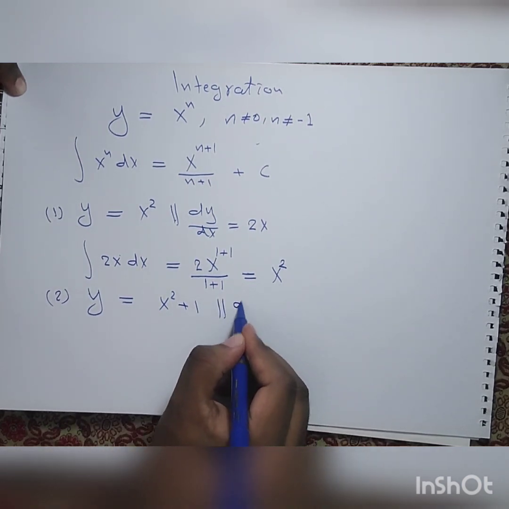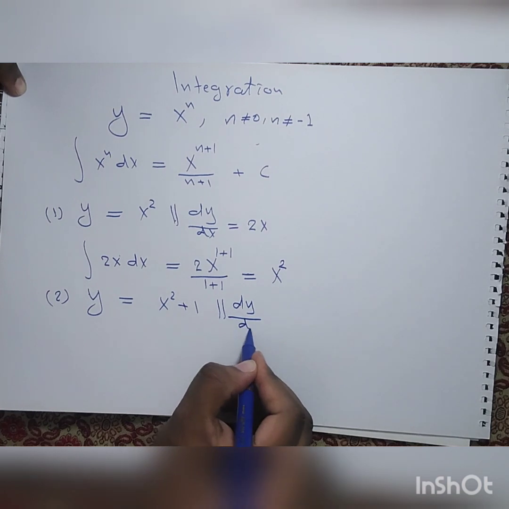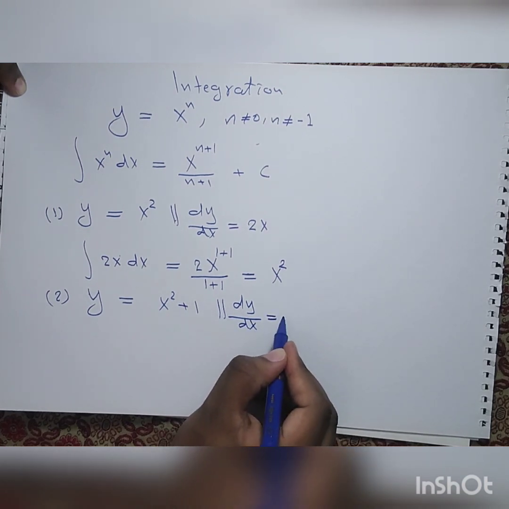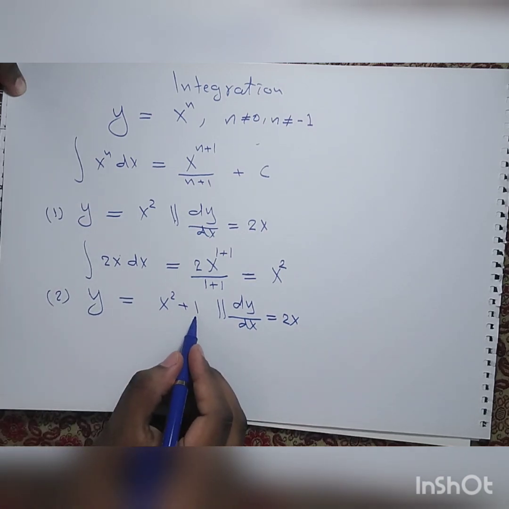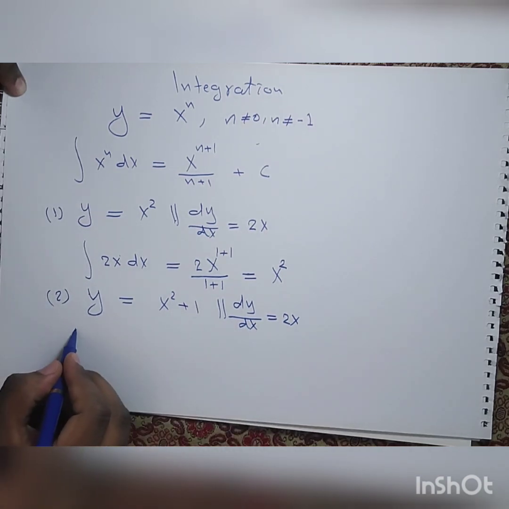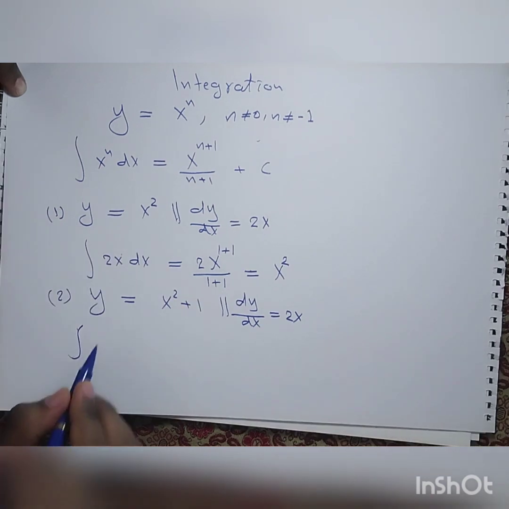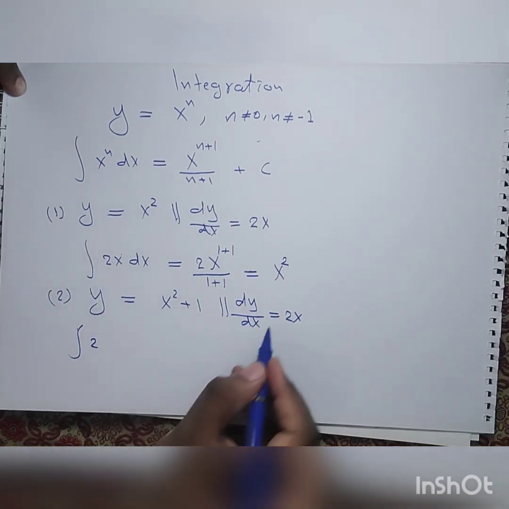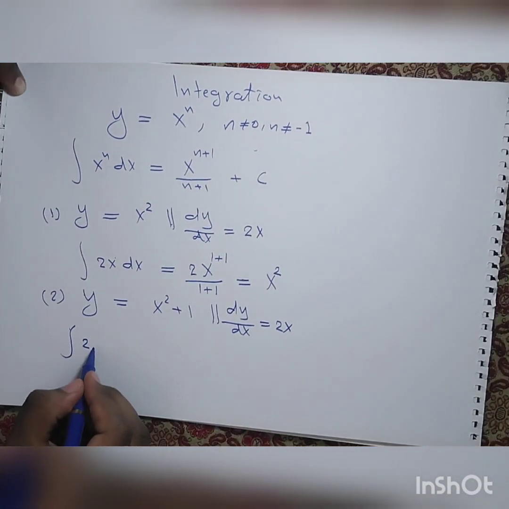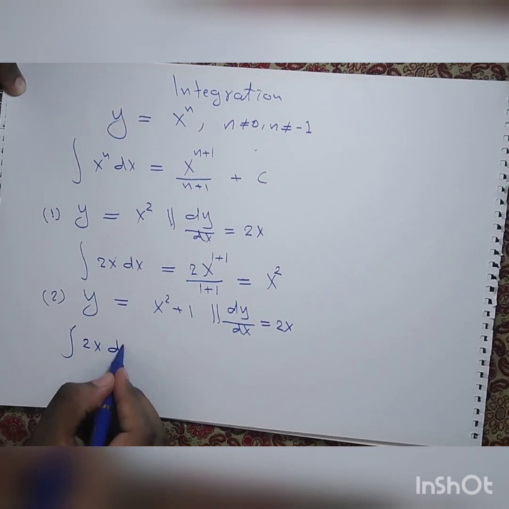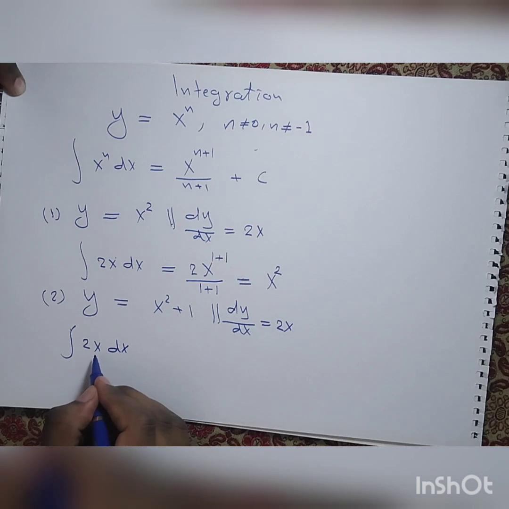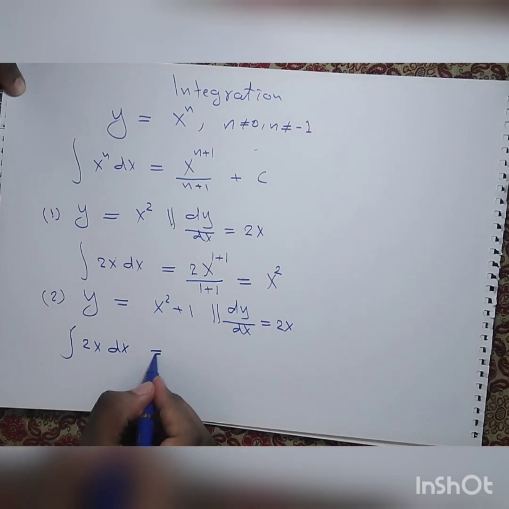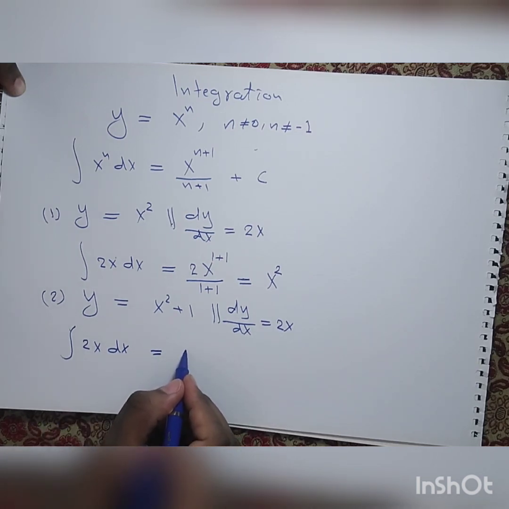Here the derivative of this function, dy by dx, is also equal to 2x, right? Because the derivative of 1 is 0. And if we integrate the resultant derivative, the integral of 2x with respect to x, we will get the same answer.